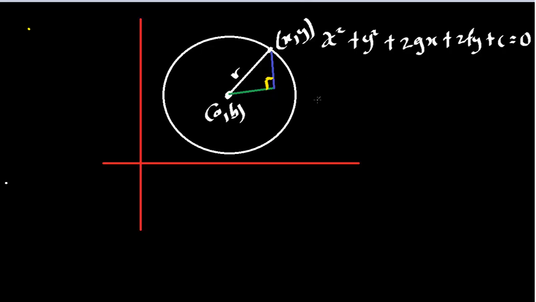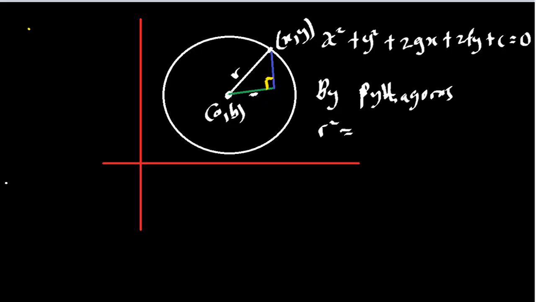What that means is that by Pythagoras theorem, if you have a right angle triangle, then the hypotenuse squared will be equal to opposite squared plus adjacent squared. In this case, the r becomes our hypotenuse. So r squared will be equal to the green line here, which becomes our adjacent.